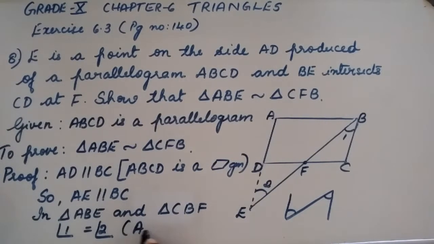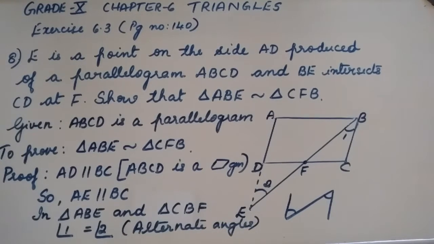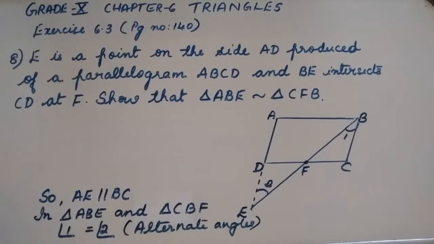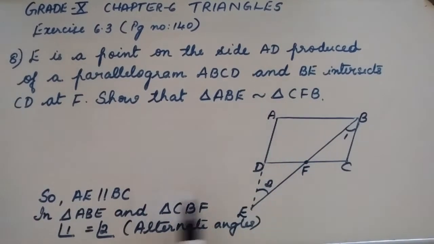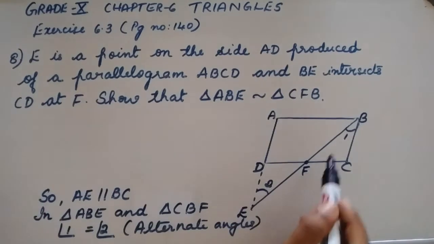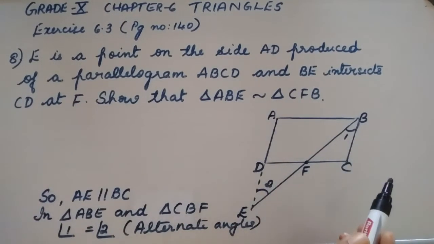And what is the reason? They are the alternate angles. And then, now let us check which angles are equal in these two triangles, that is triangle ABE and CBF.